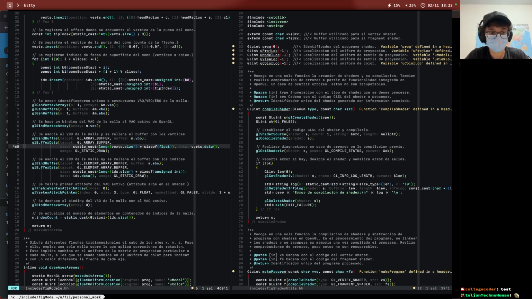I can make it less type dependent and more general. Technically there I'm loading vertex data. Instead of just saying size of float, I can say size of decltype of vert value type, which is float. It more tightly refers to the idea that we're using the value type of the vector where we have the vertices.